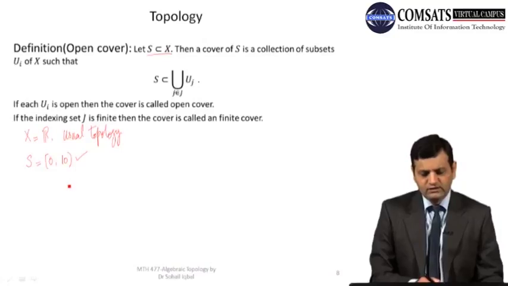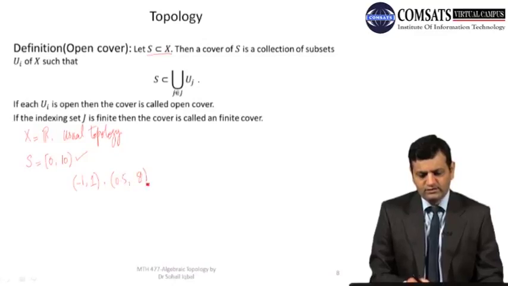We can take the following collection. We can take -1 to, let's say, 1, and we can say 0.5 to 8, and we can say 6 to 11. So these three open sets, let's say this is U1, this is U2, this is U3.